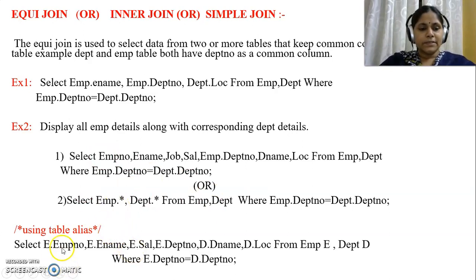Suppose the table is employee; we cannot use the entire word every time. Instead, we simply say employee E, that is the aliasing we are doing here. Select E.employee number, E.ename, salary, department number from EMP E. This is the alias I have used for the EMP table.